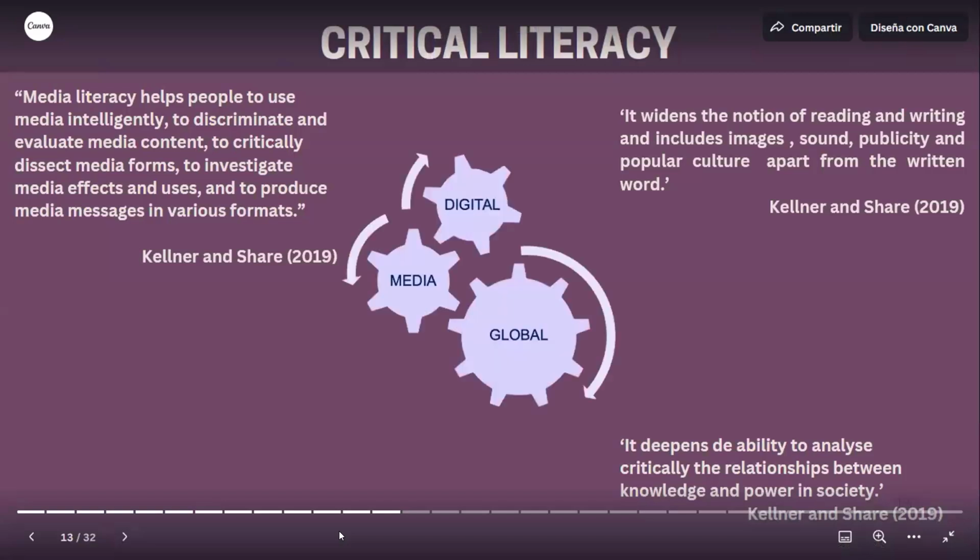Okay, so let's move now to critical, right, to the next example. And here, right, let's focus on what is this 10 minutes. Oh my God. Right, so I will skip media literacy, right?